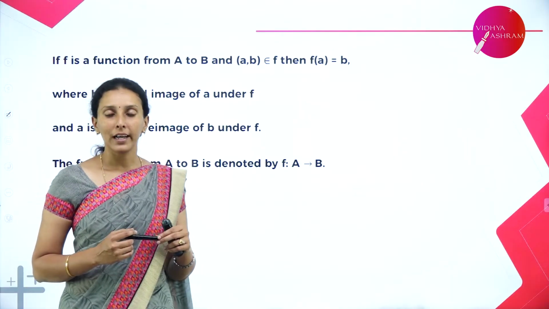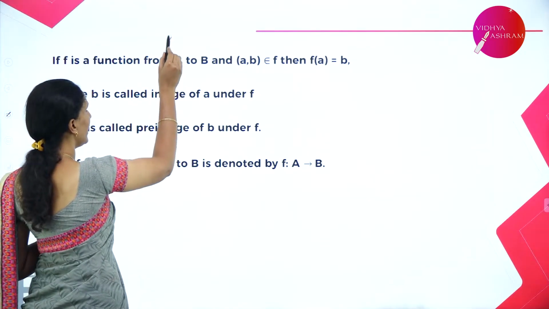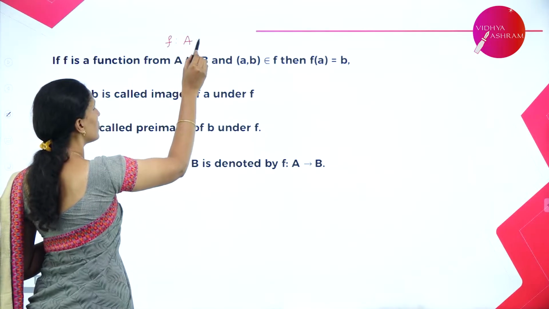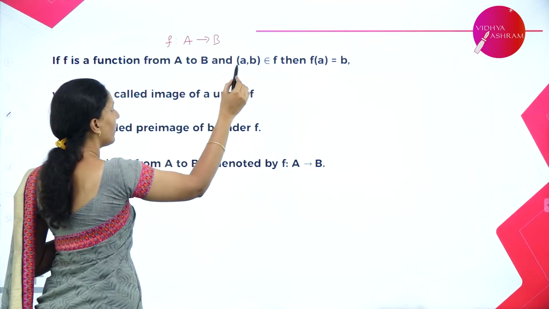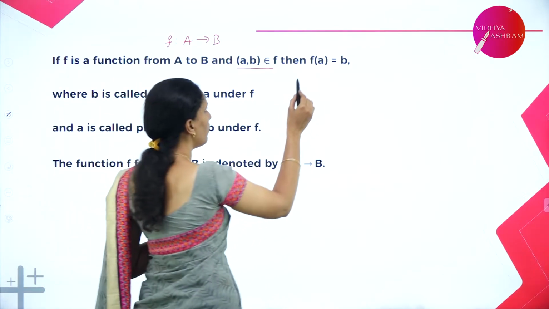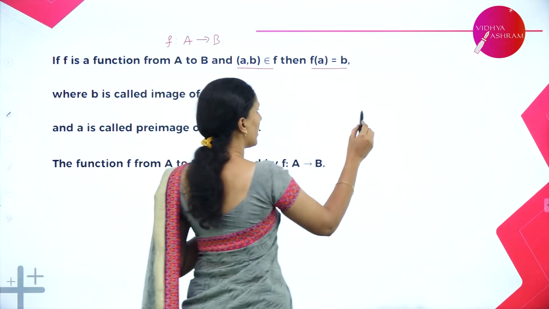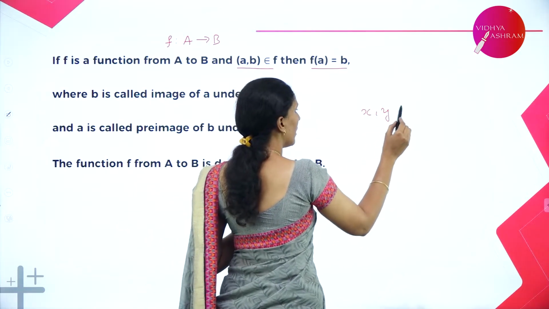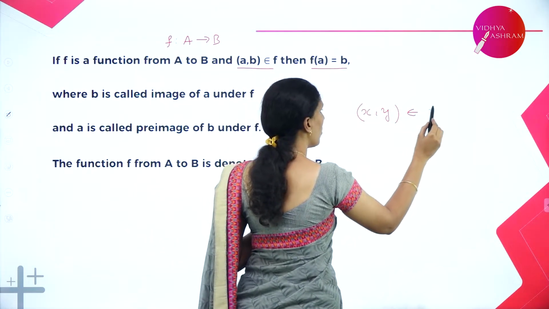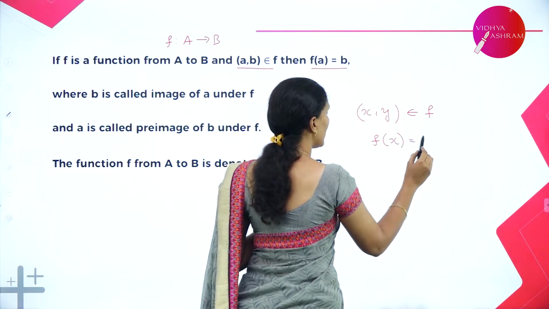So we symbolically write the function in the form f from A to B, that is, f is a function from A to B, and when an ordered pair (a, b) belongs to f, we write it in the form f of a is equal to b. Suppose x comma y is an ordered pair which belongs to the function f, then we write f of x is equal to y.